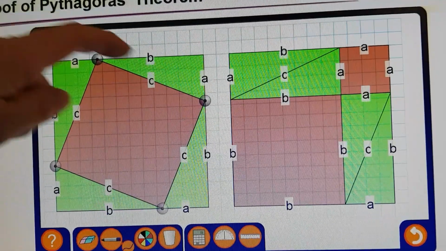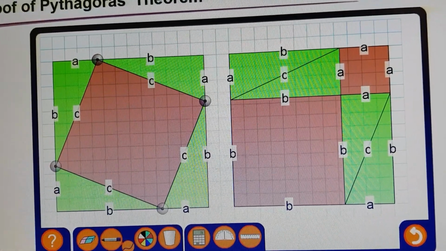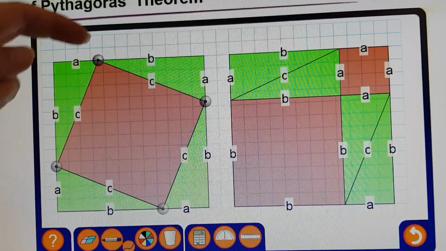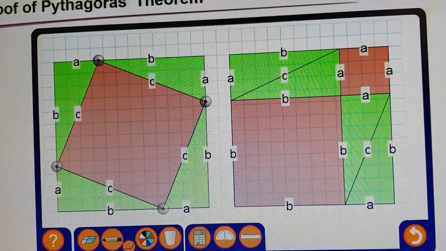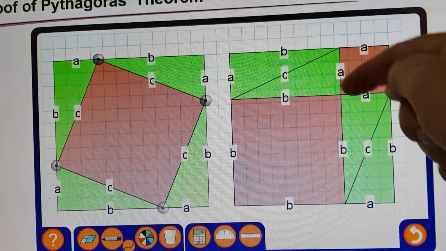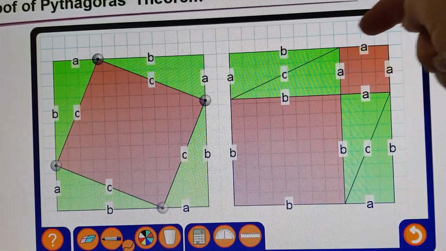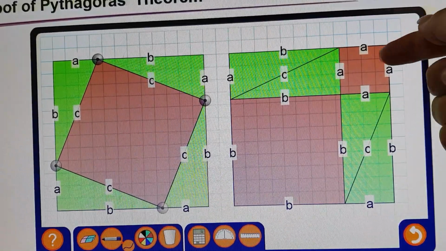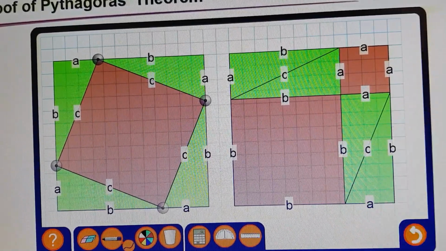The red area in this example is C squared, where C is the length of the longest side of the triangle. But in this, the two squares are equal to the squares that fit on to the shorter sides of the triangle. So this one is A squared and this is B squared.